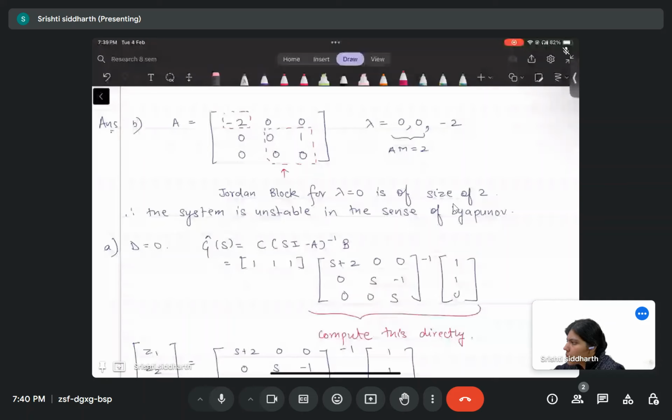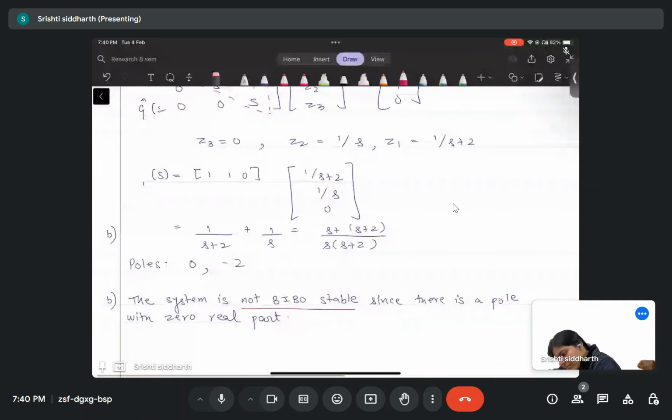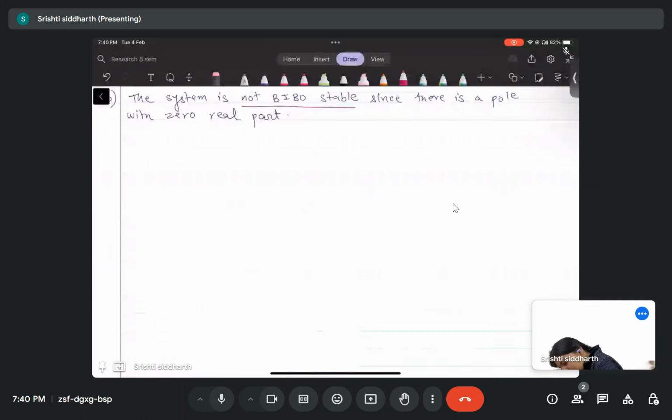So the next question. This focuses on computing the minimal polynomial of a matrix.